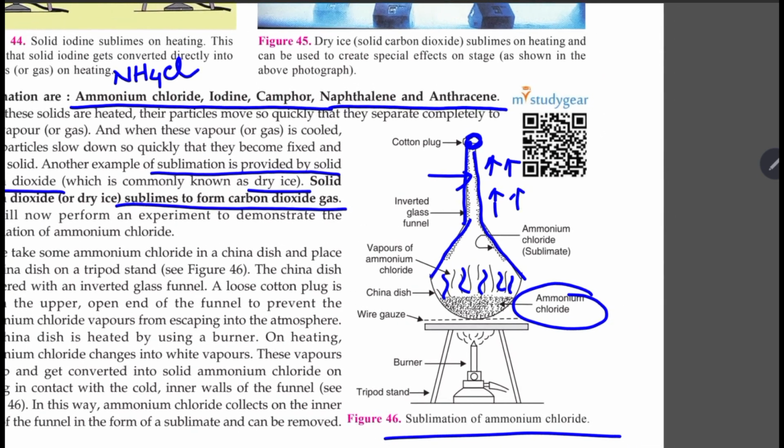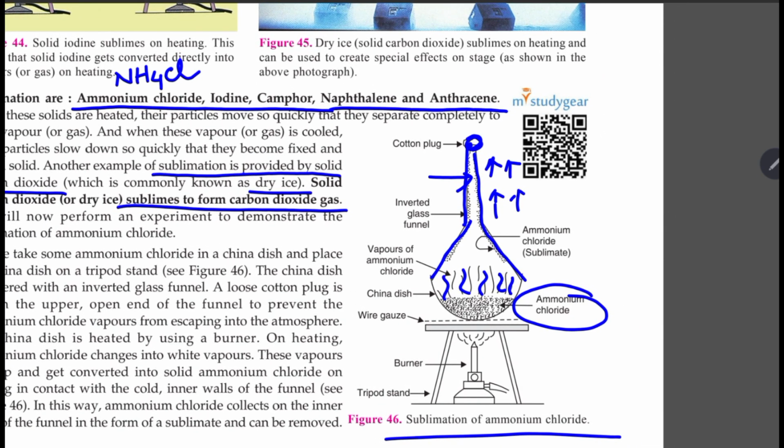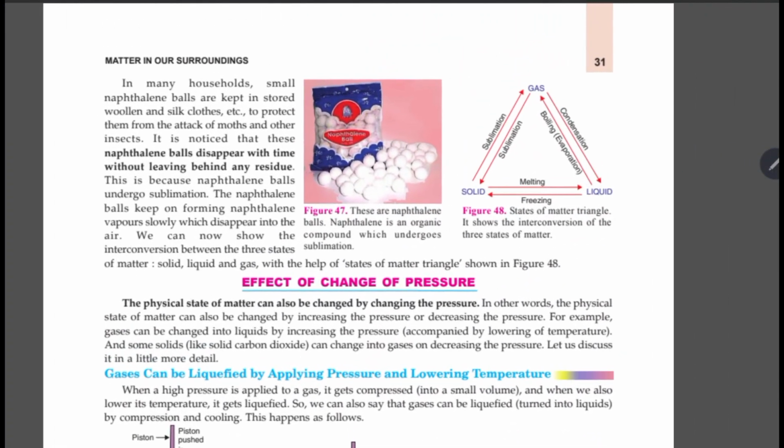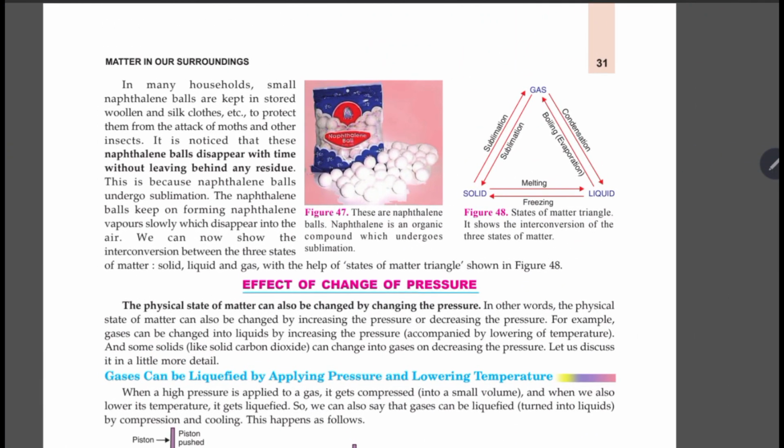And you can see a cloudy appearance on the inner walls of the funnel, which is the solid ammonium chloride. So this is the case for naphthalene balls, which seem to disappear after some days.